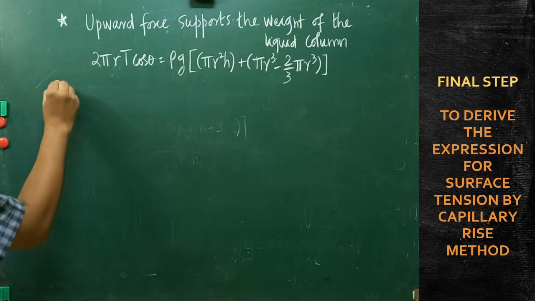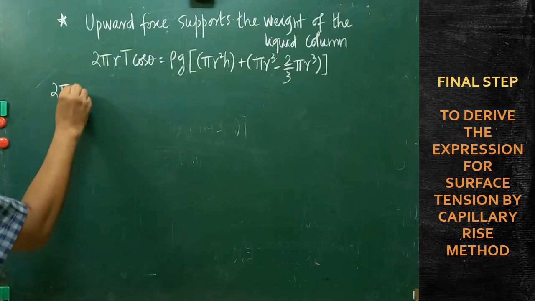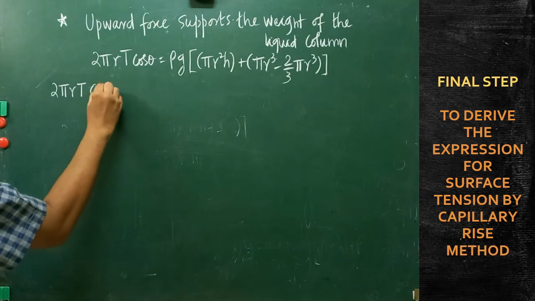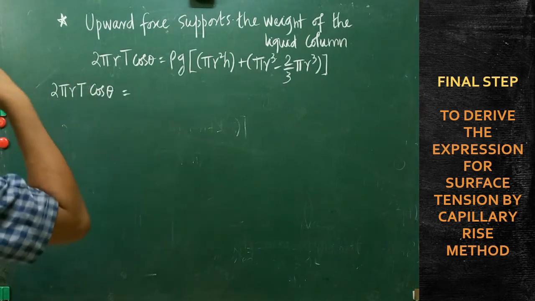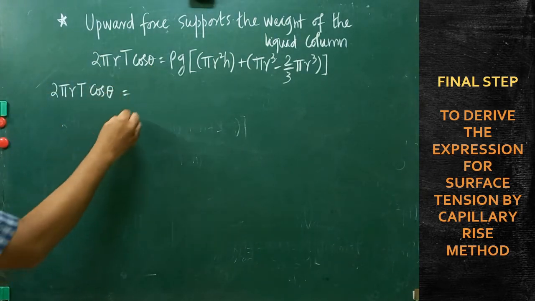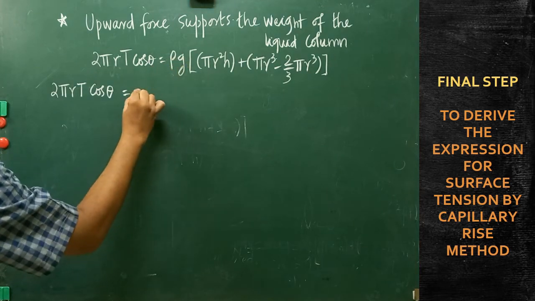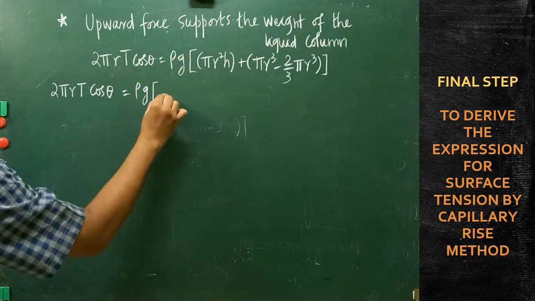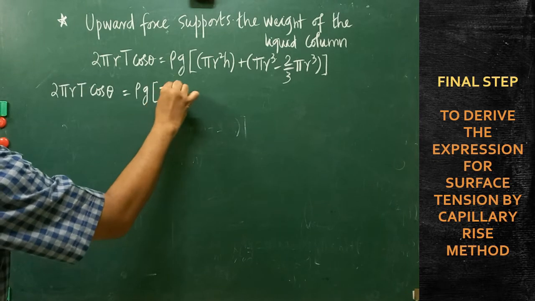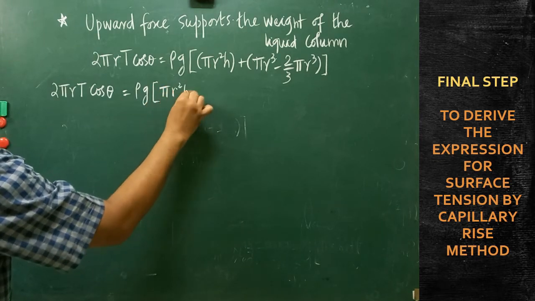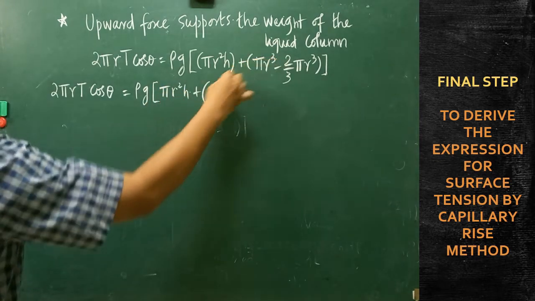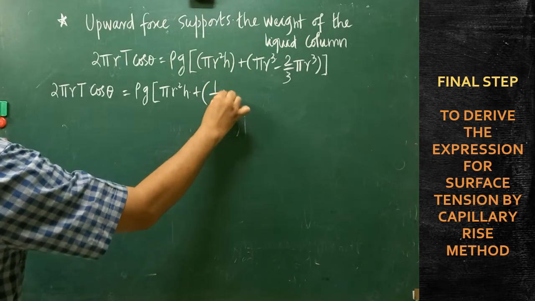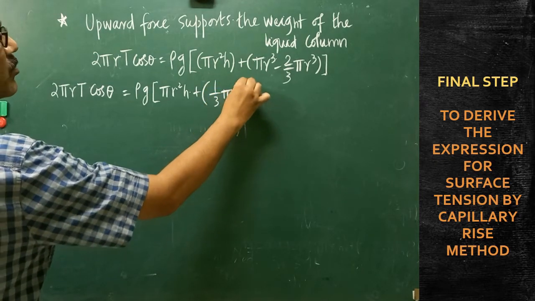Are you clear? So again I will rewrite this. 2 pi r T cos theta is equal to, what should be written here? Rho g, subtract pi r square h plus, after subtraction, 1 by 3 pi r cube.